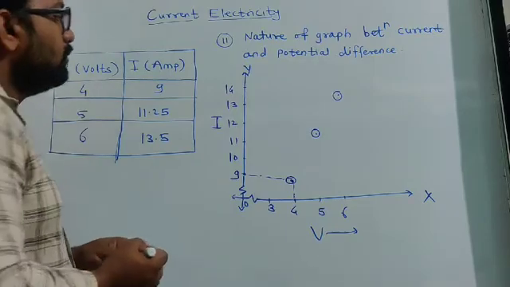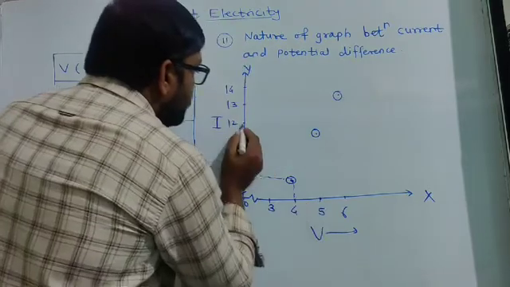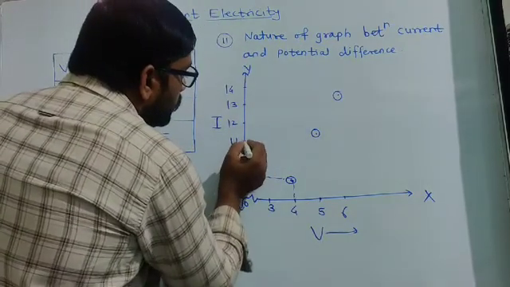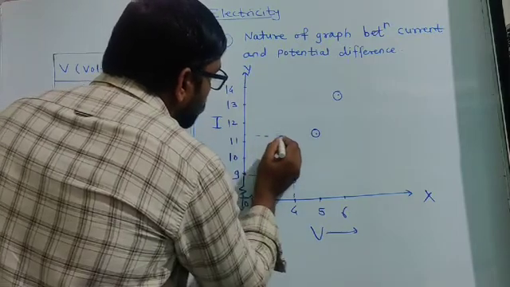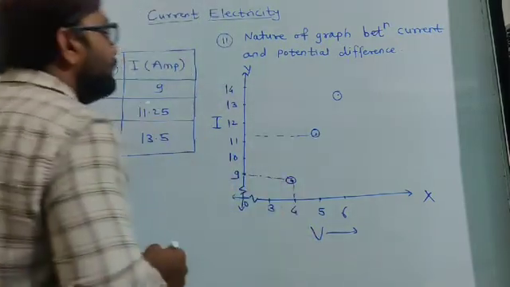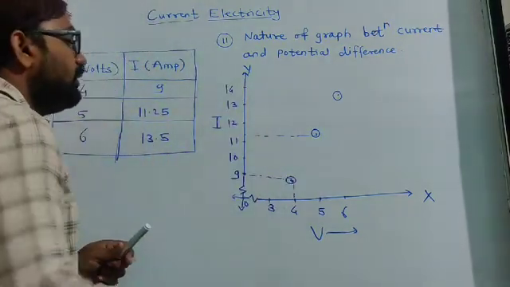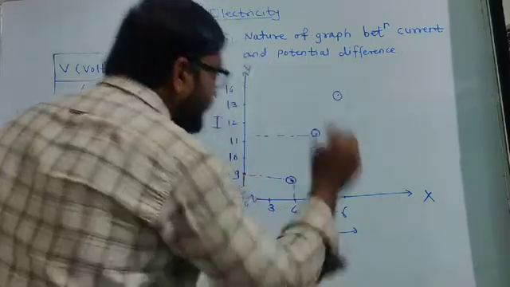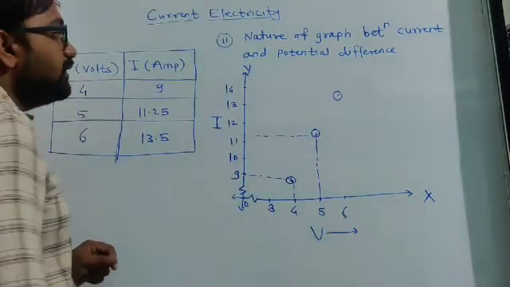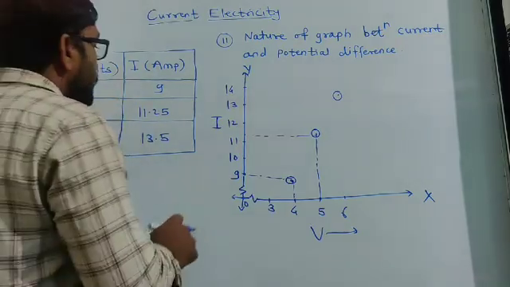Look here, this is 5, and this is 11 and 12. In between 11 and 12, somewhere here, is 11.25. So we take this point, 11.25 and 5, so this will be that point. And the third is 6 and 13.5.